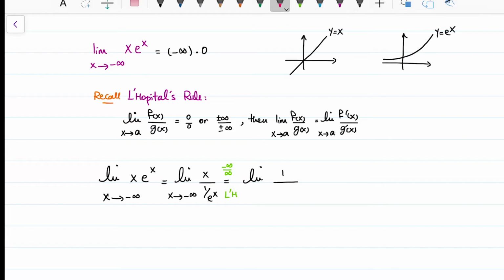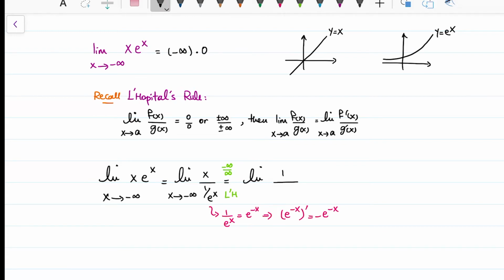Okay, so now let me rewrite the bottom. I have on the bottom e to the x, and I can rewrite this as e to the negative x. This makes it easier for me to take the derivative. So the derivative here would be negative e to the negative x.